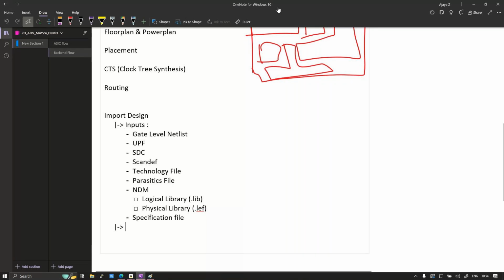Sir, if any errors are occurring, can I find where the error is coming from? Yes, log files. You have log files. So in those particular log files, you can see what that particular error is, and we can also see it in detail. Okay, sir. Any other questions?